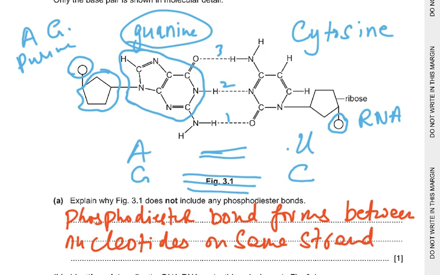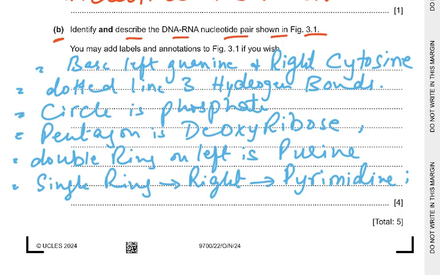So you have to give me all this explanation. So base on the left guanine, right cytosine, dotted line 3 hydrogen bonds, circle is phosphate, pentagon is deoxyribose, double ring on the left is purine, single ring on the right is pyrimidine. So you need to revise your DNA structure and RNA structure if you're not very clear on this page.